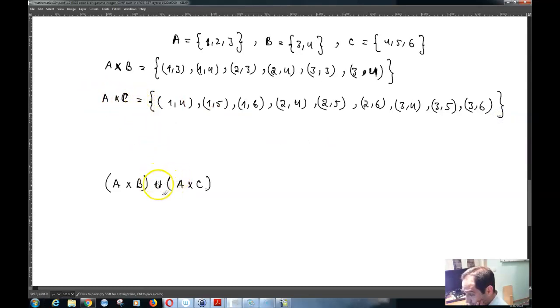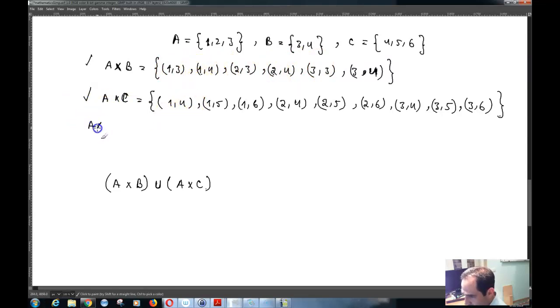Now if you take the union of these two sets, you need to write all the ordered pairs that are in this set and also in this set, but you cannot repeat anything. No repetition is allowed.